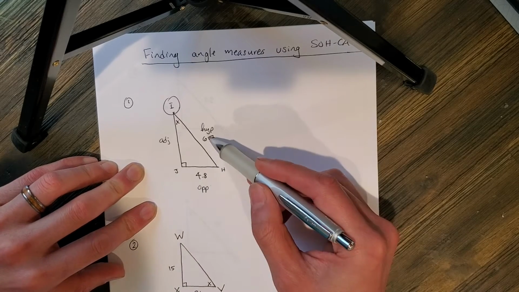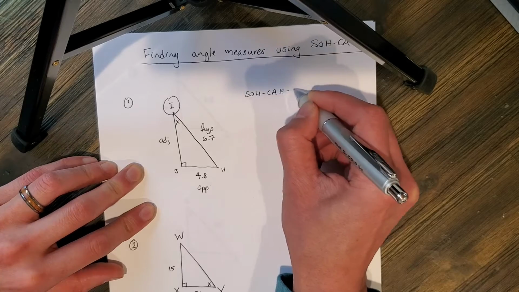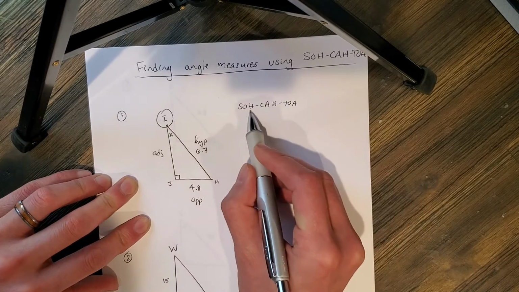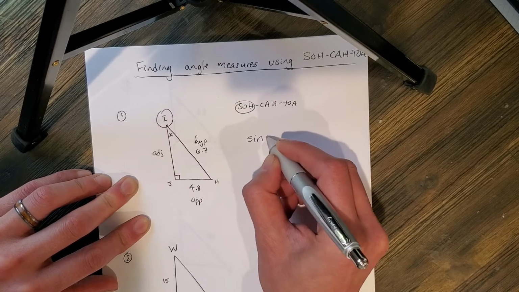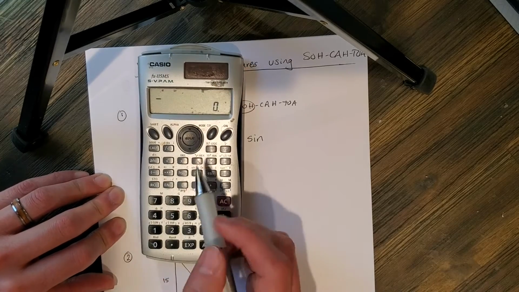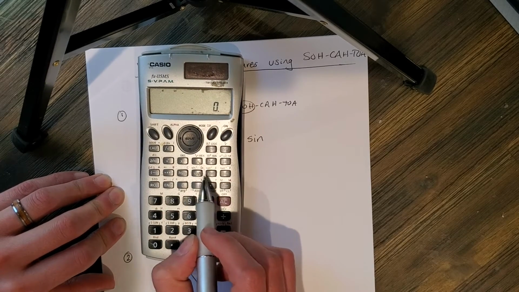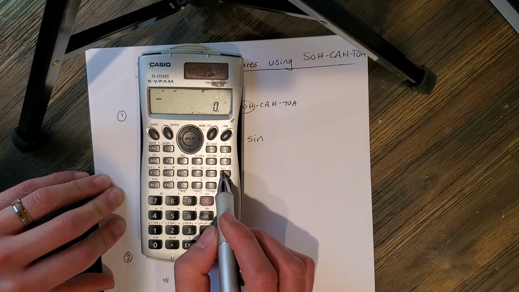Notice the OH, we write SOH CAH TOA. OH is the first one here, sine, so we're going to use sine. Then we're going to use a special key on the calculator, guys. If you look above my calculator here, I have three keys, sine, cosine, and tangent, and above them I have inverse sine, inverse cosine, and inverse tan.